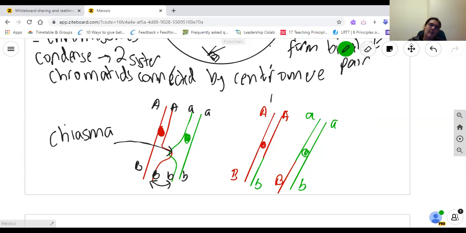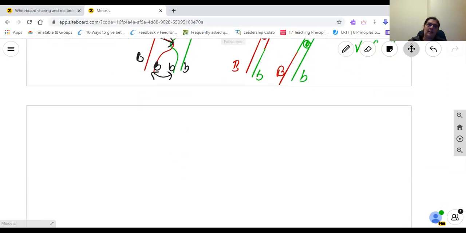And bear in mind that these chiasmata can form many times along a piece of DNA. So you get lots of swapping. And we call this crossing over. Crossing over is when you switch alleles between chromatids that are on homologous chromosomes so that you create new combinations of alleles.